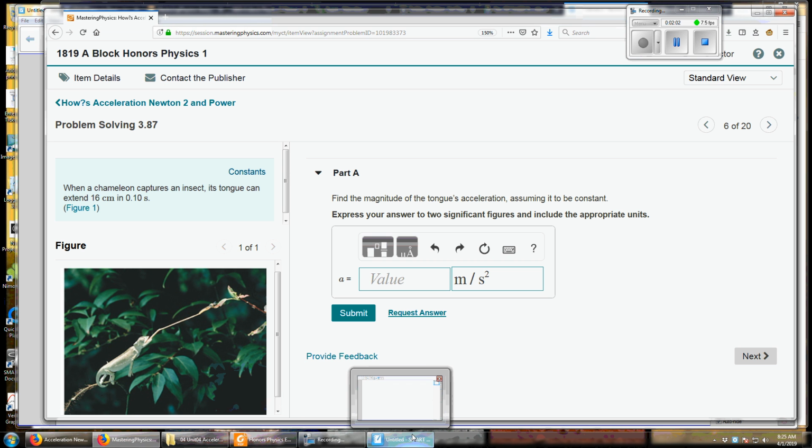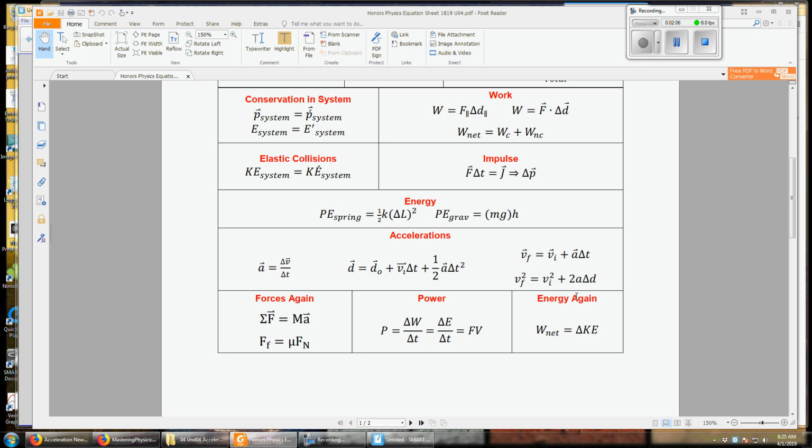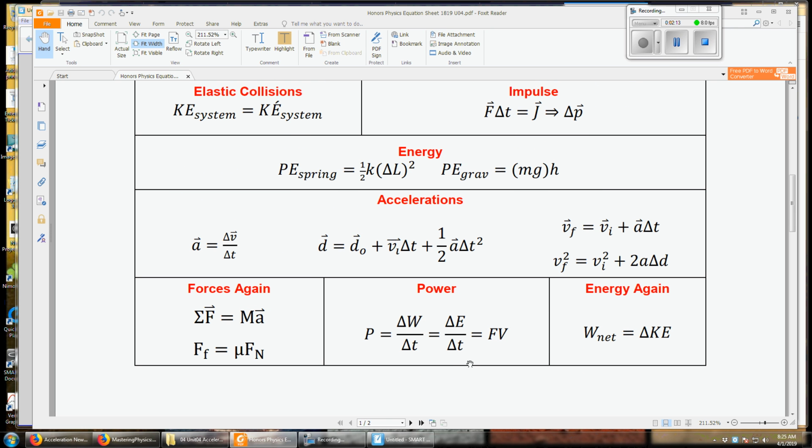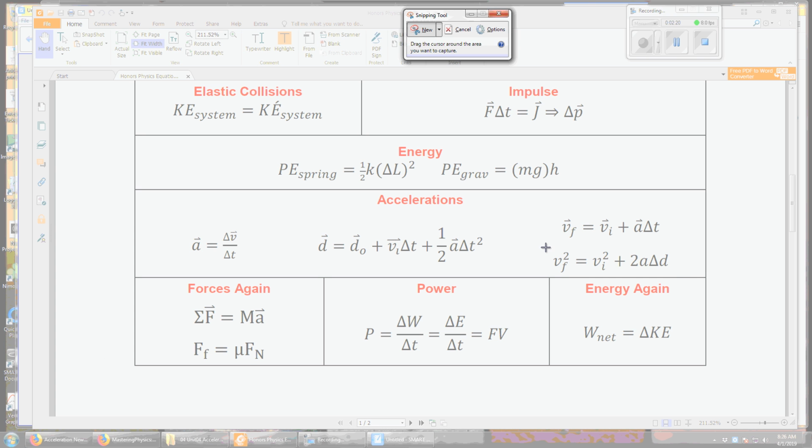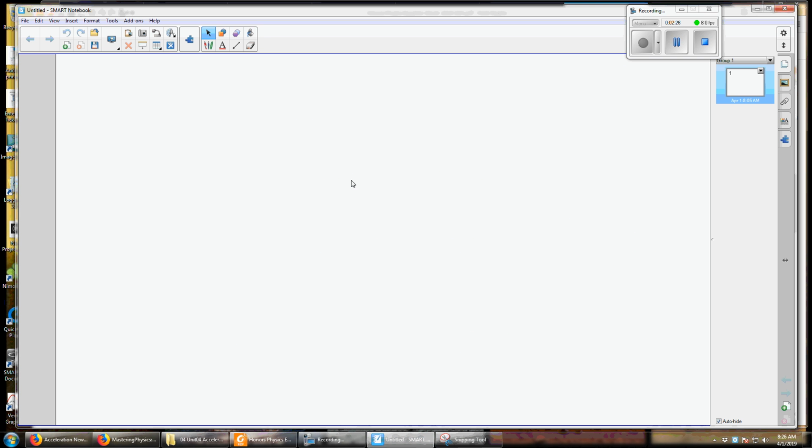So equation-wise, I'm looking for something that relates velocity and acceleration and displacement, and I find it right down here. So let me grab my snipping tool. There we go.